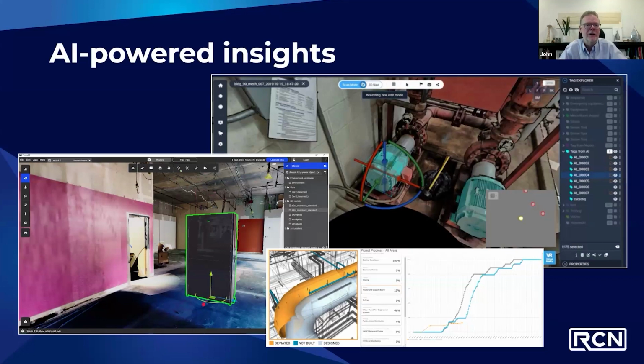I'm really excited about what's happening in that area, and it really started with self-driving cars, in my opinion, and now it's bleeding over into the AEC industry. We're starting to see companies like EarthCam that can do segmentation of humans walking around.